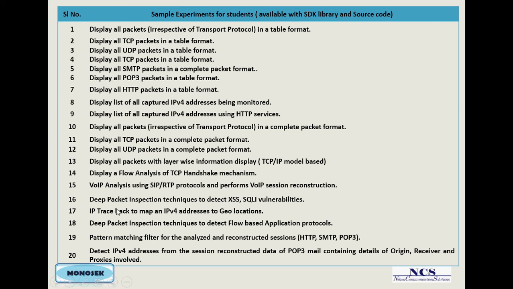And there is one more experiment called XSS and SQLi. These are special application experiments related to vulnerability detection. XSS is one type of attack called cross-site scripting, and SQLi is another one, which is based upon the SQL query language.